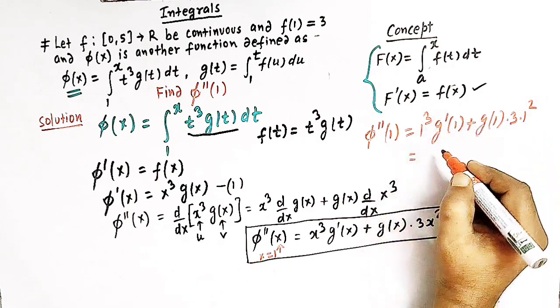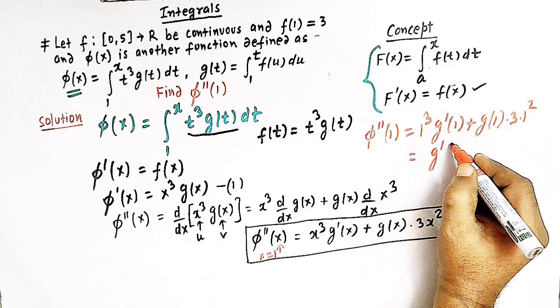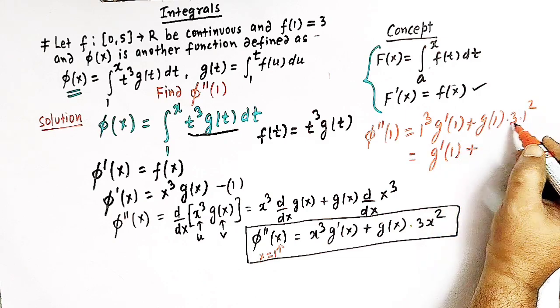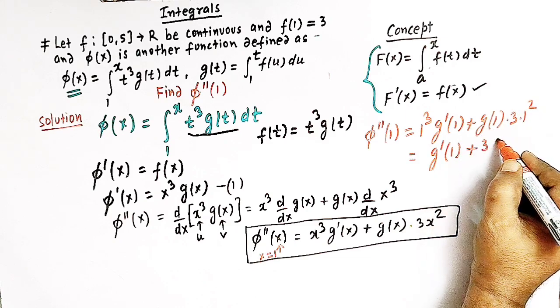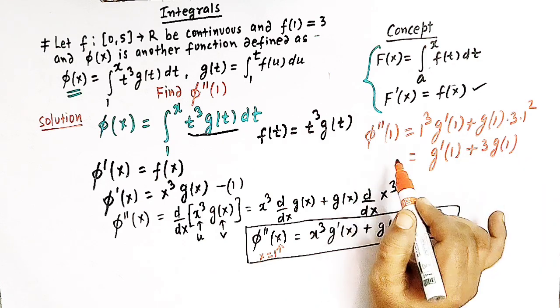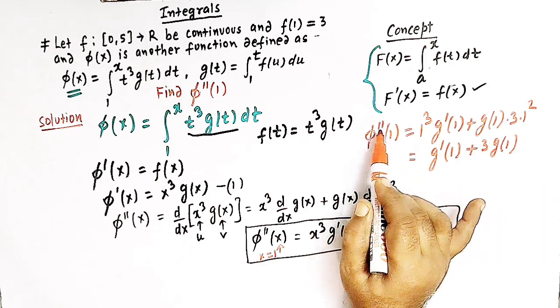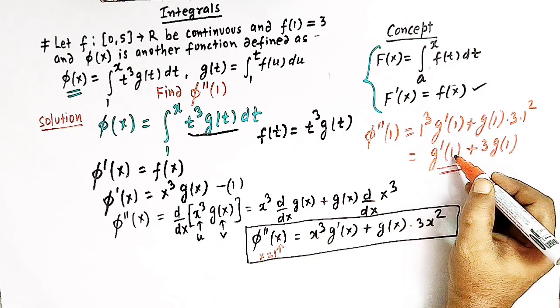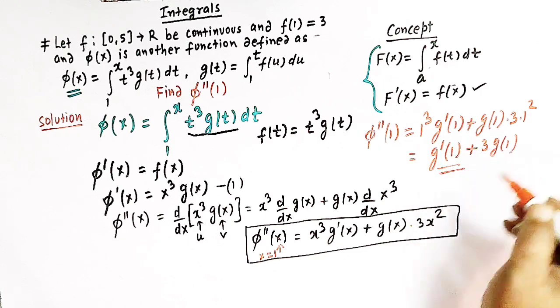So 1 cube is 1, and we are left with g prime of 1, and here this is also 1, so we have 3 times g of 1, right? So to get the value of phi double prime of 1, we need to find out g prime of 1 and g of 1.